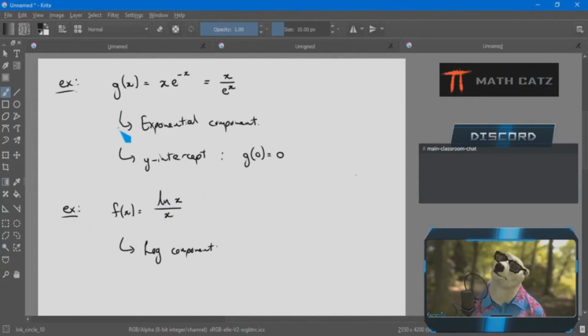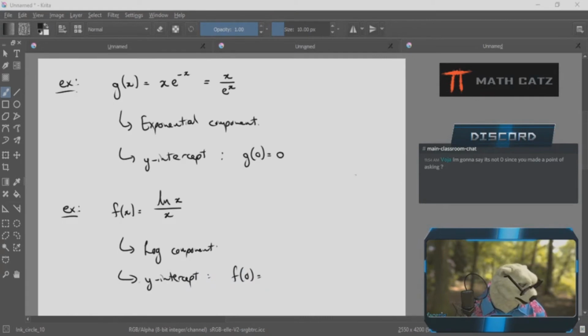And again, like before, I have no experience with this kind of function. I look at that, I have no idea what that looks like, nor should I. It is going to take time. So I just want to be careful as I'm building that experience, and the only thing I can do right now is find a y-intercept.